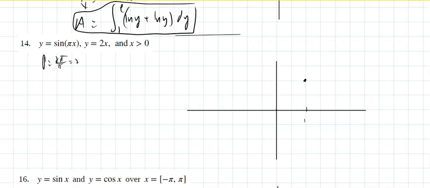Oh, 2 we said, right? So I'm enlarging that to see it. That's how a sine wave looks.